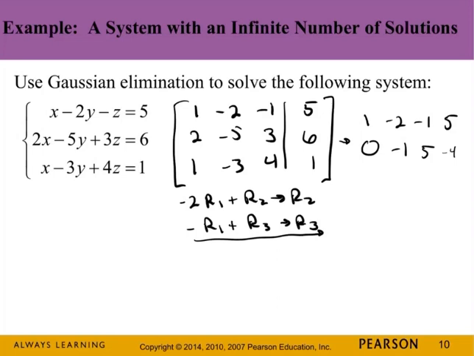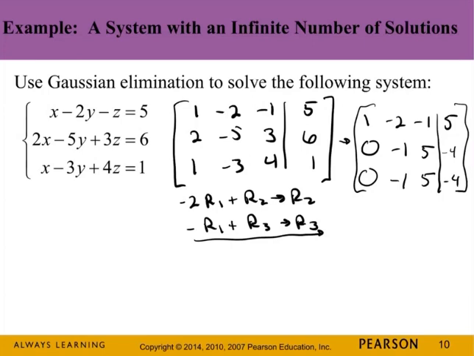And then with row 3, -1 plus 1 is 0. 2 plus -3 is -1. 1 plus 4 is 5. -5 plus 1 is -4. You should notice something with these rows, right?